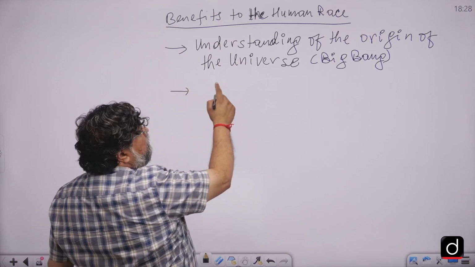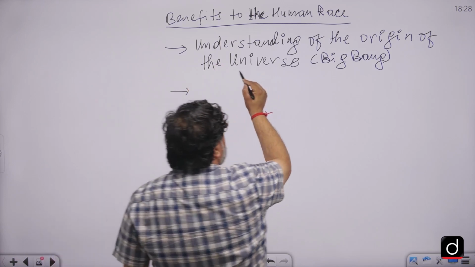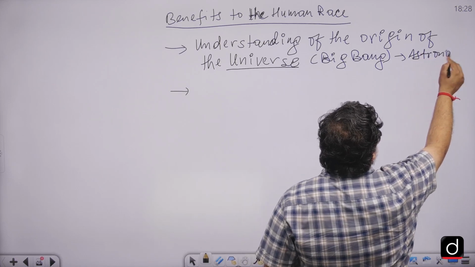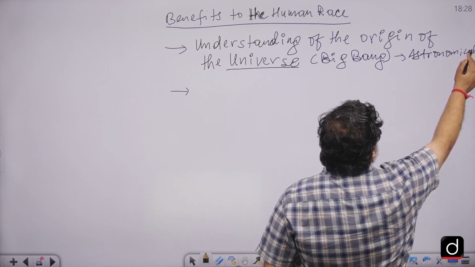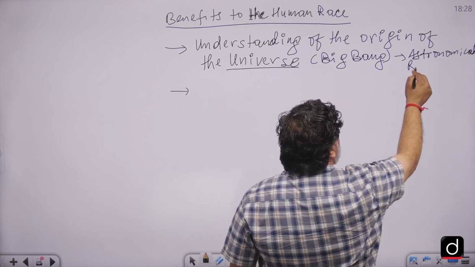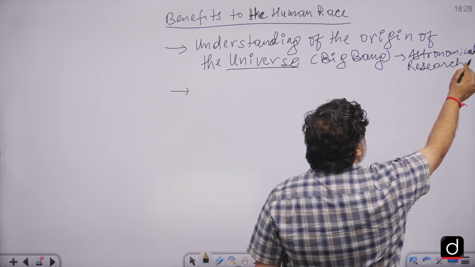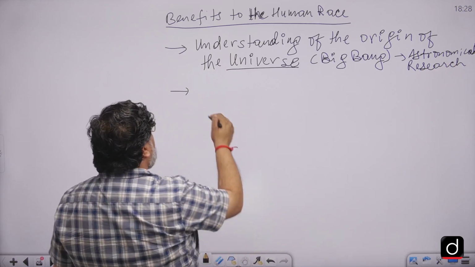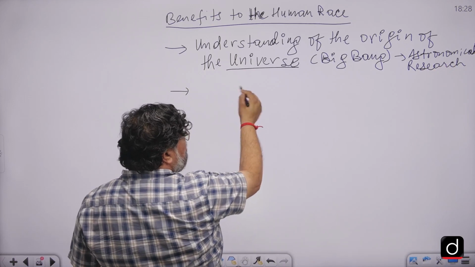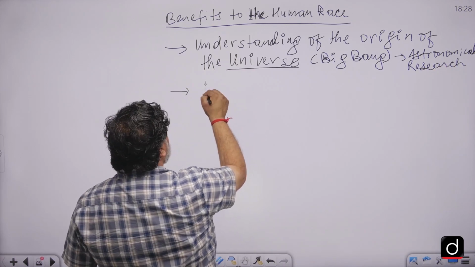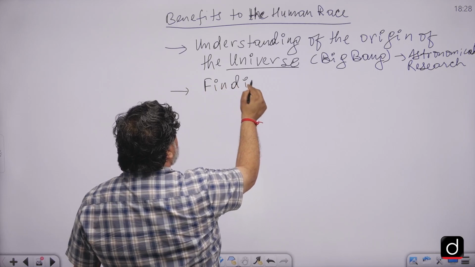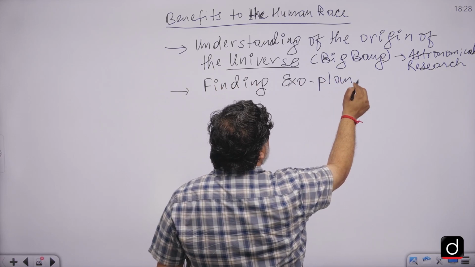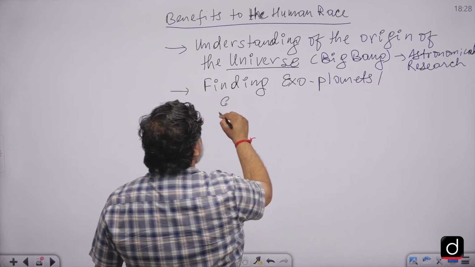Then most important from the human race point of view, about the universe, that is astronomical research about galaxies, or let's say about a nebula, about star formation, about planetary formation. But how the humans will get benefited in that context, I can tell you here, one of the most important things is finding exoplanets, right, or Earth-like planets.